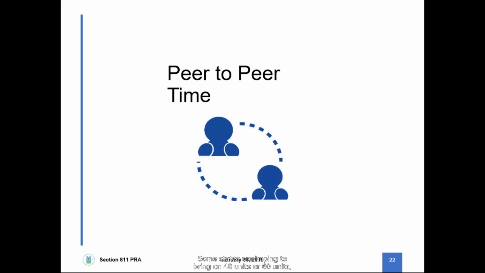Some states are hoping to bring on 40 units or 60 units, and networking with existing owners might be able to get them those units, maybe not. So I think Spencer had some really good ideas about making sure that people understand the program and understand what the requirements are. FAQs are great.